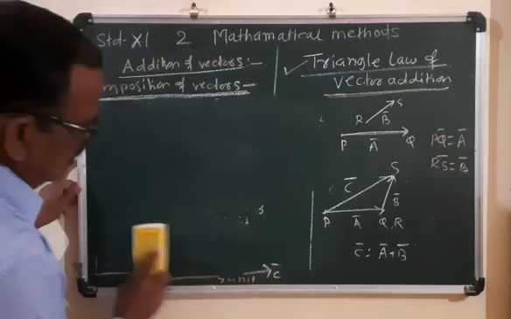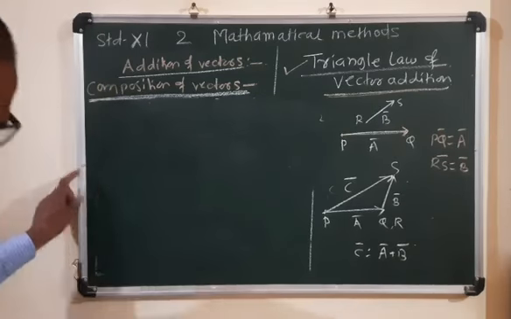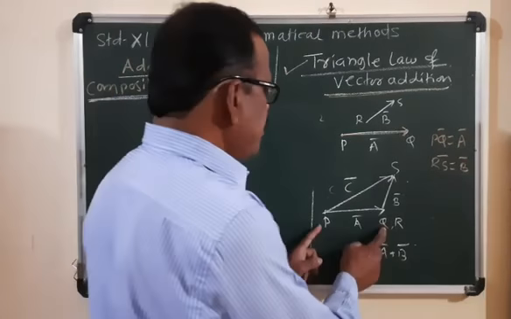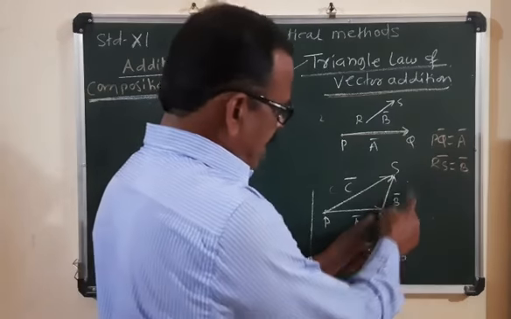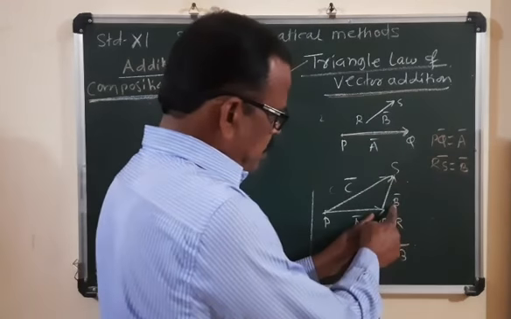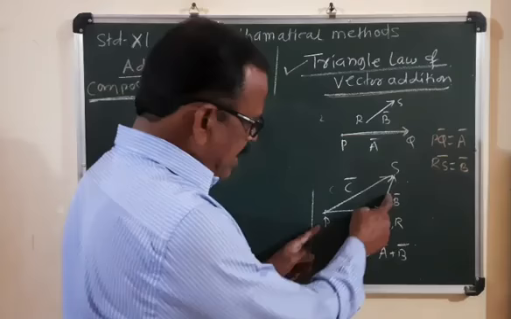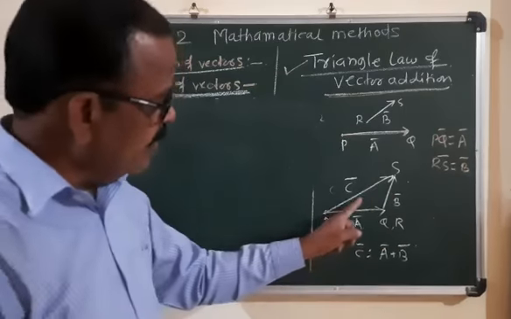We draw the first vector PQ bar is equal to A bar, and then RS bar is equal to B bar as the two sides of the triangle, an incomplete triangle.